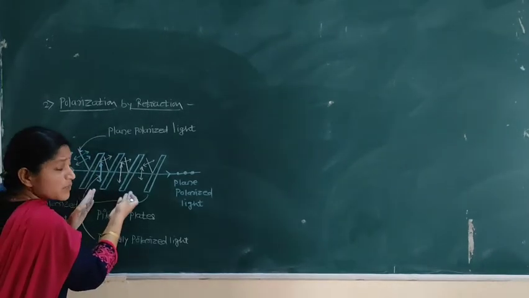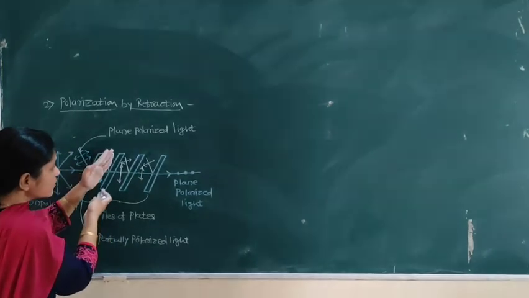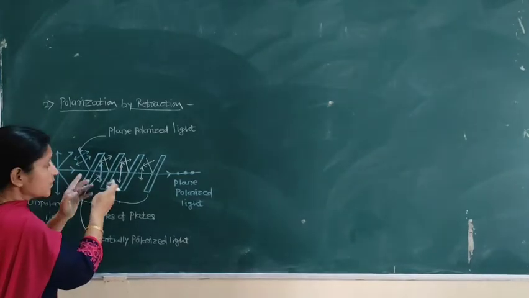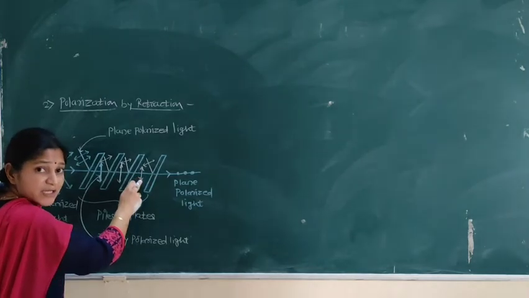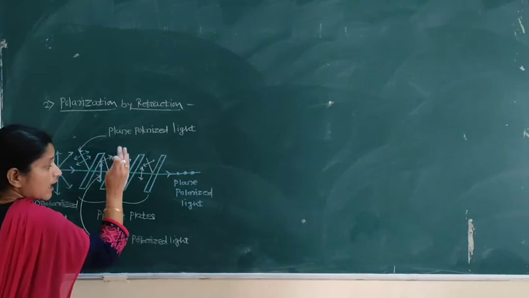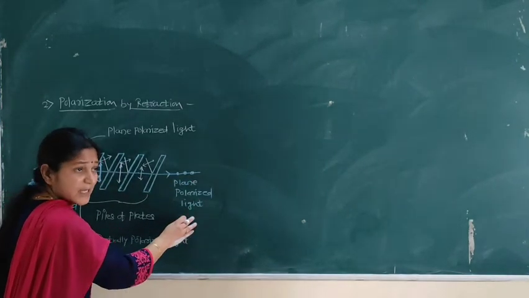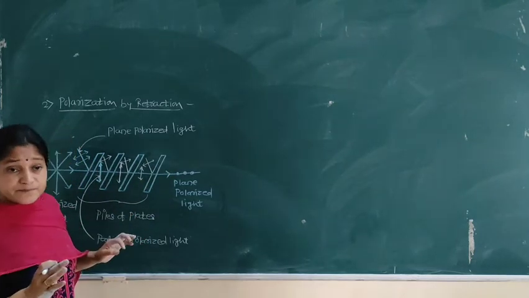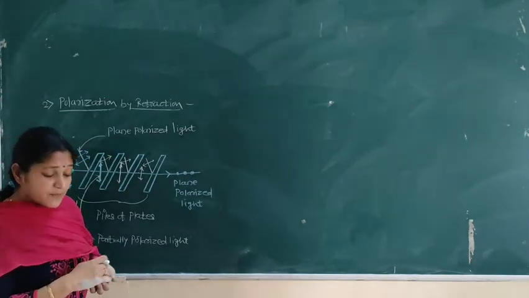Here in this method we use a number of glass plates. So at every surface the light will be reflected and refracted, and due to this the unpolarized component, that is the perpendicular component, decreases and the polarized component becomes prominent, which gives completely plane polarized light which is parallel to the direction of the pile of plates. So this is about polarization by refraction.